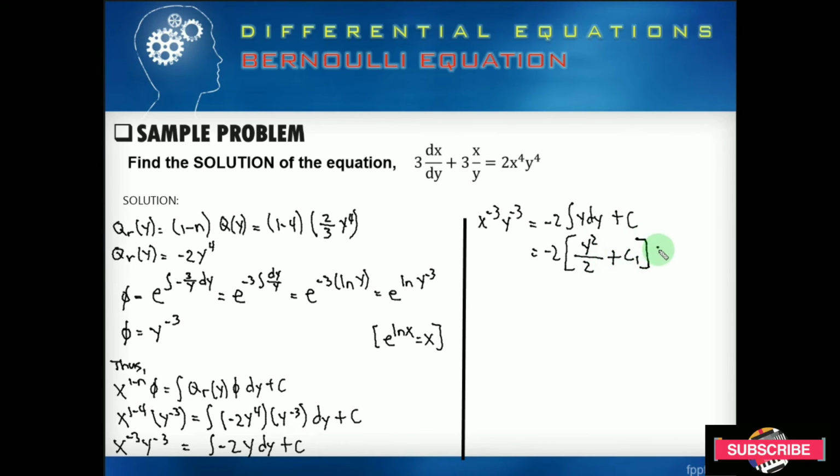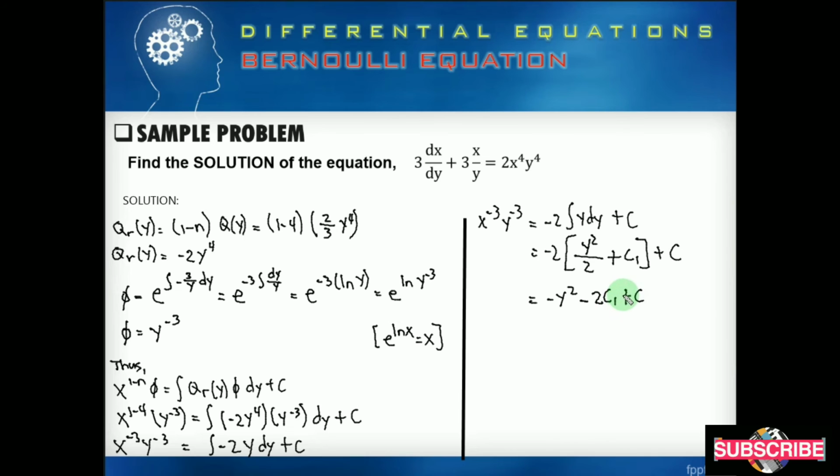Okay, plus your c, ito yung c. Okay, so ito ay magiging, i-distribute natin to dito, so magiging negative y squared na lang siya. Okay, negative y squared, at ito ay minus negative 2 times c1, so plus c.